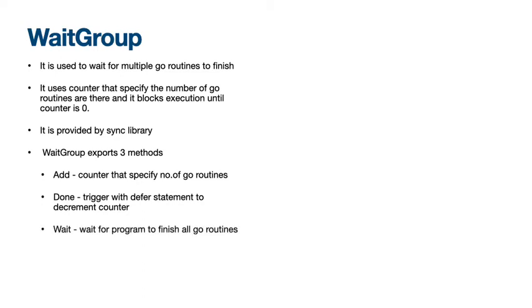And finally there is Wait. Wait group mostly blocks the program execution until the Go routines complete. So the Wait method waits for the program to finish all Go routines.